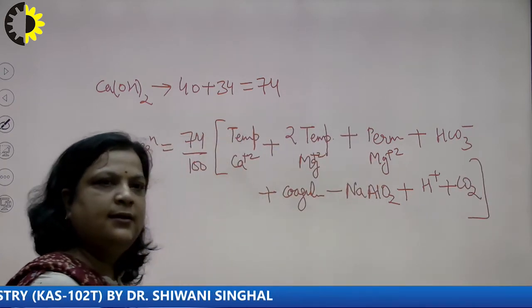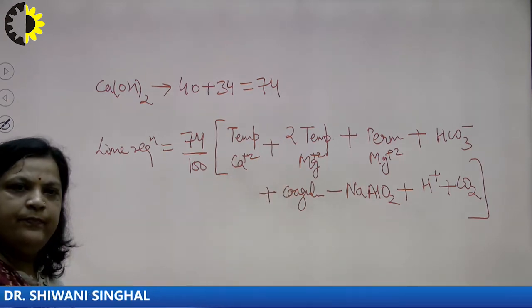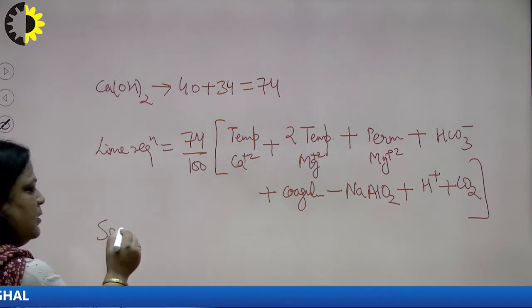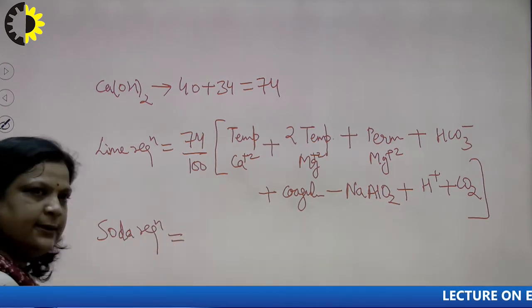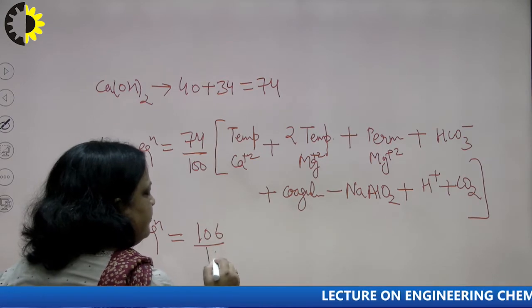So, we can summarize this in this way. Soda required, molecular weight of soda is 106. So, 106 upon 100.